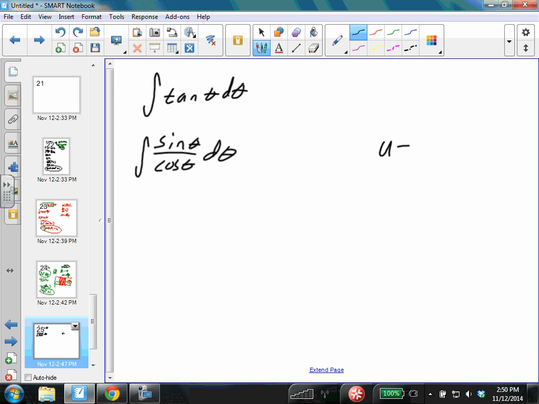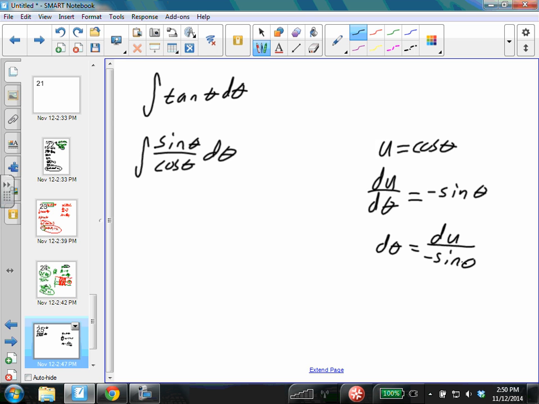So we'll let u equal cosine. So the change in u with respect to theta is going to be what? Negative sine of theta. So the change in theta will be equal to the change in u divided by negative sine theta.